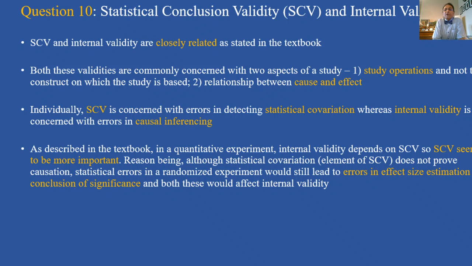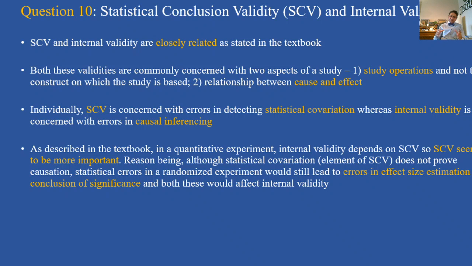Now, the book also states which one is better in a quantitative experiment, internal validity or statistical conclusion validity. From what is explained in the book, and I agree with it, statistical conclusion validity seems to have the upper hand compared to internal validity when it comes to quantitative experiments.